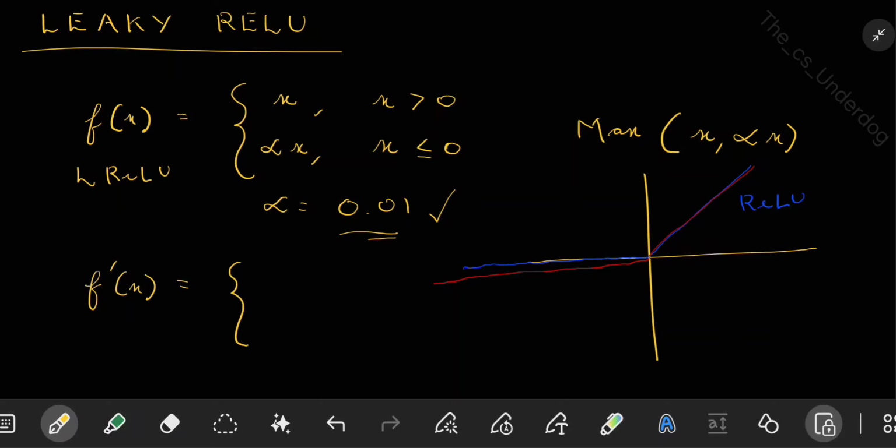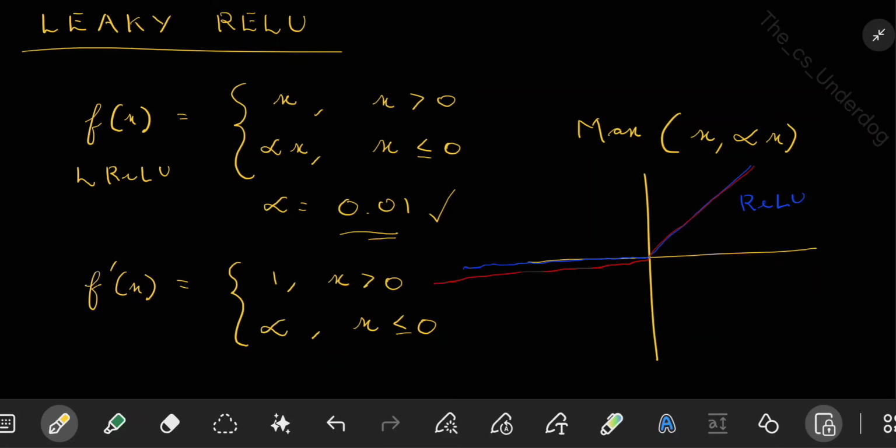We'll take the gradient of f of x, that is f dash of x. Previously, in case of ReLU, the gradient was 1 whenever x is greater than 0, and 0 whenever x is lesser than or equal to 0. But now with leaky ReLU, you have the derivative of alpha x with respect to x, which will be alpha.